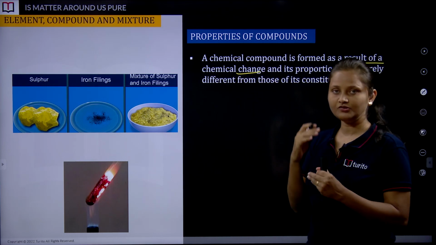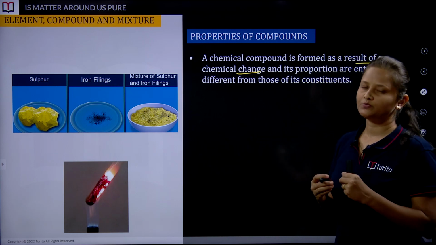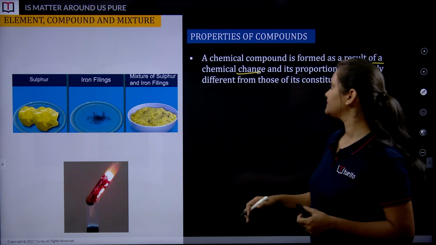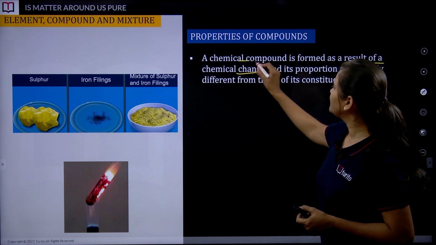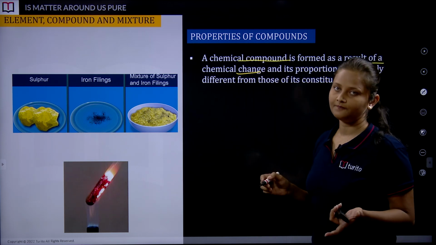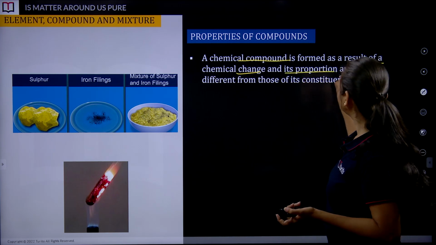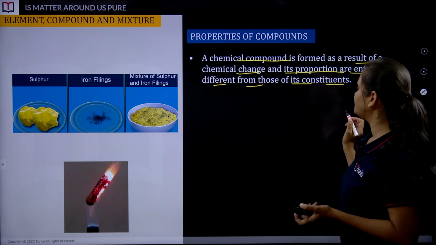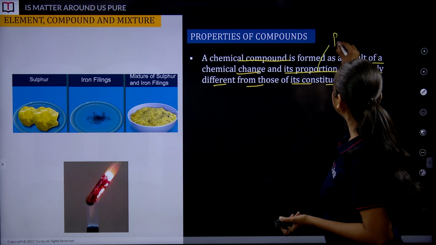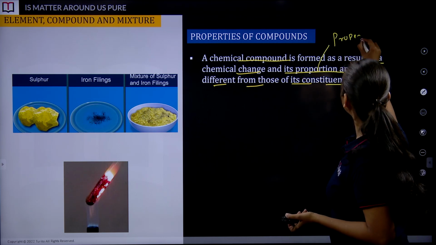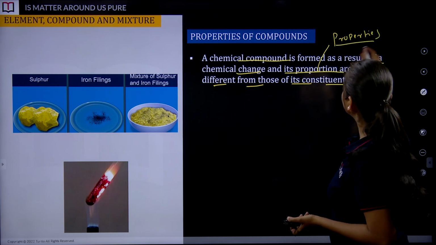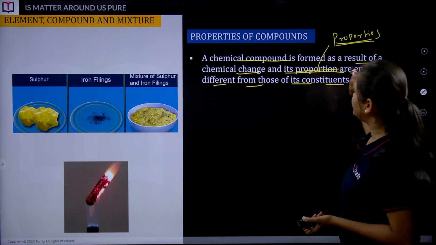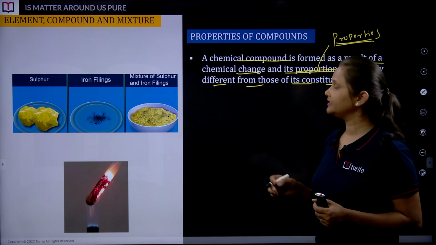Whenever a chemical reaction happens, it's going to give you a compound basically, right? Its properties are entirely different from those of its constituents. Ignore the word proportion, it is properties.